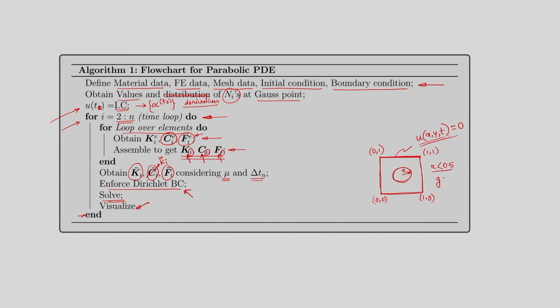The heat generation term G, which is a function of x and y, is defined as 1 for time less than 0.2.